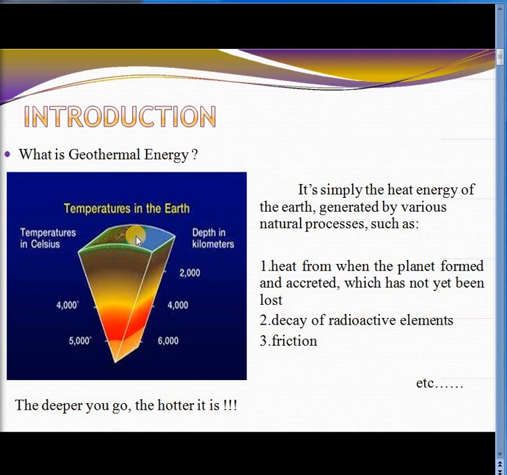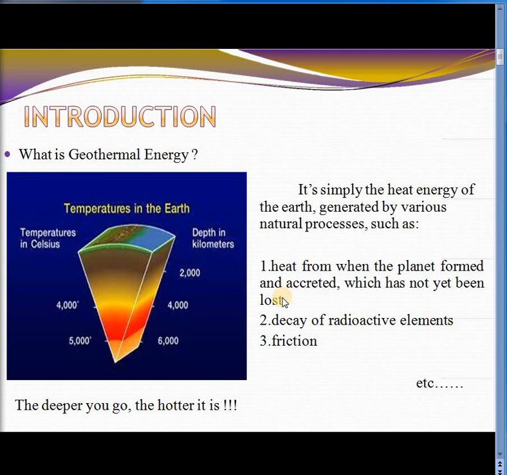Okay, continents, oceans, land, these are all the earth's surface or the crust. That is around 15 to 35 miles thick, and these are called plates. Now, deep inside the earth's surface we have geothermal energy.